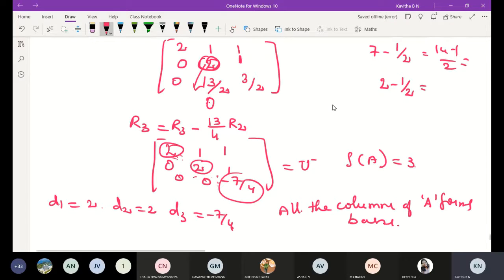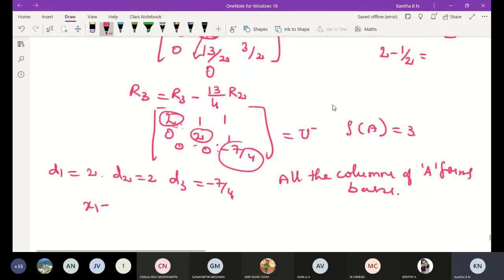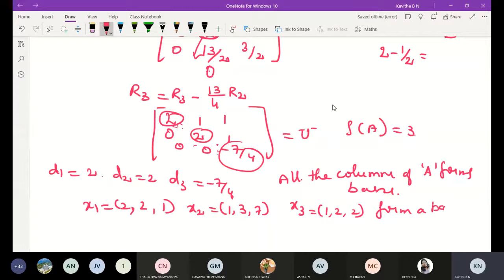Then here x1 is equal to 2 comma 2 comma 1, and x2 is equal to 1 comma 3 comma 7, and x3 is equal to 1 comma 2 comma 2 form a basis in R to the power of 3.